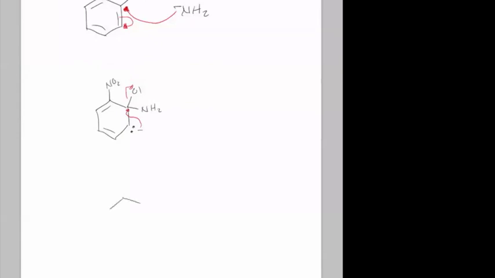So that gives me the product. This is what the book has, presumably because they're showing that you can draw all those different resonance structures and show that it's stabilized by the electron withdrawing group.